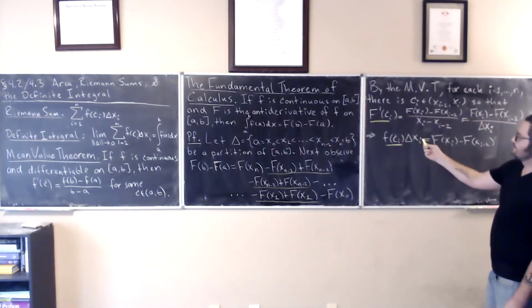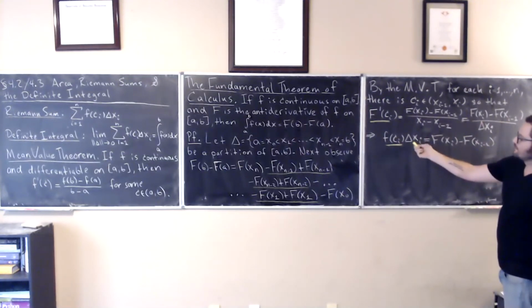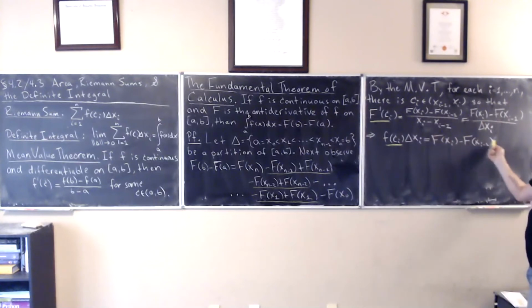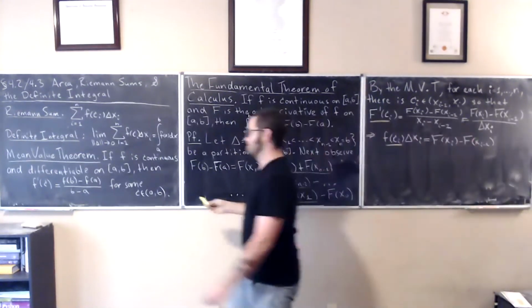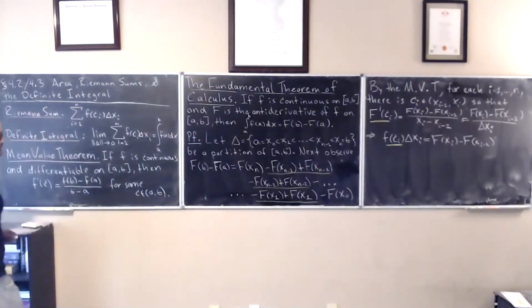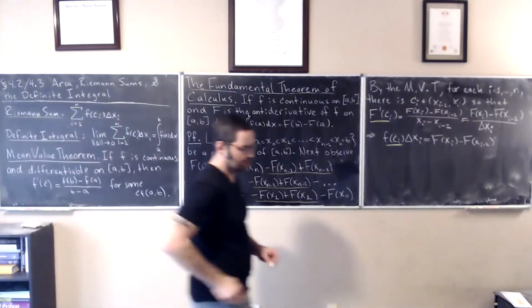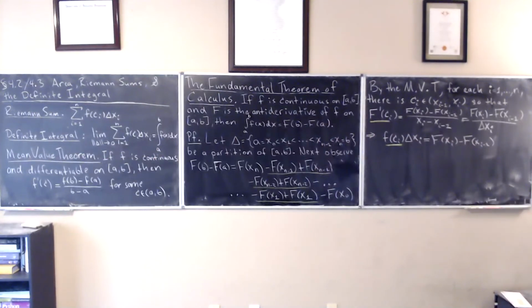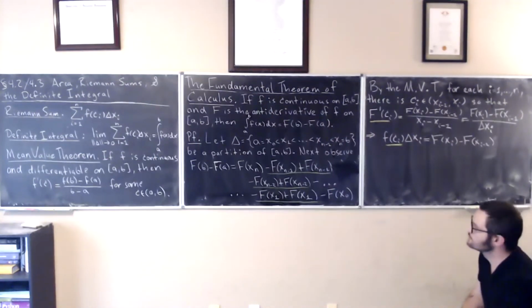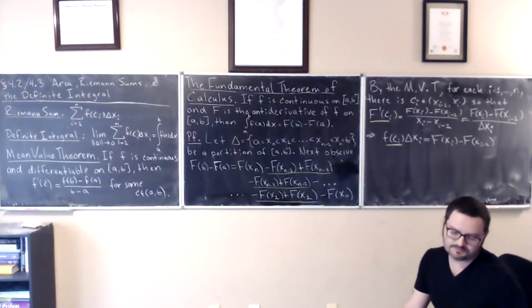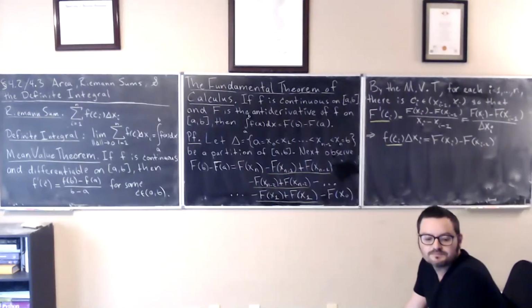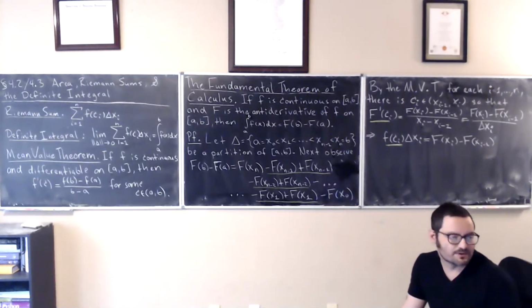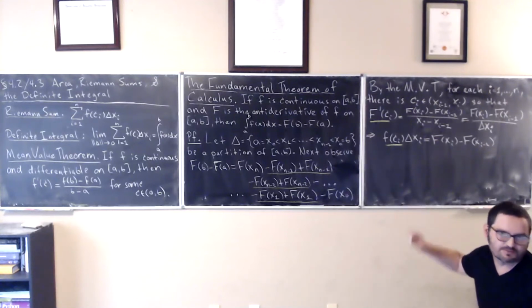So then f at little c times the change in xi is equal to this. So far, so good. Is that okay? It's kind of messy looking, but so far, so good.